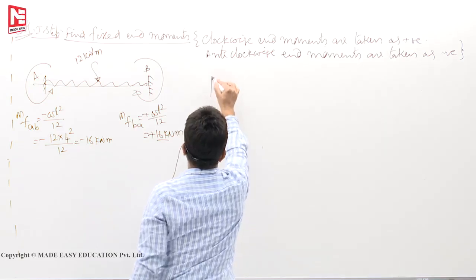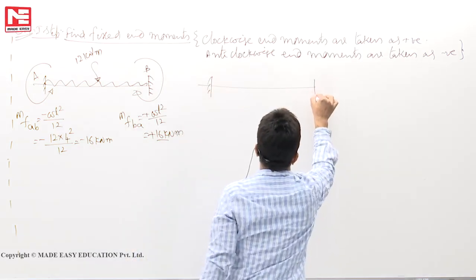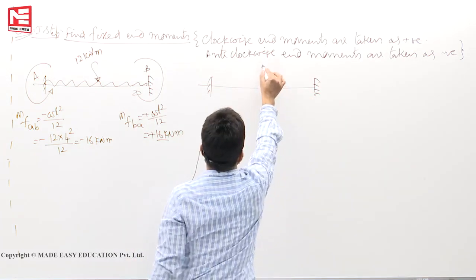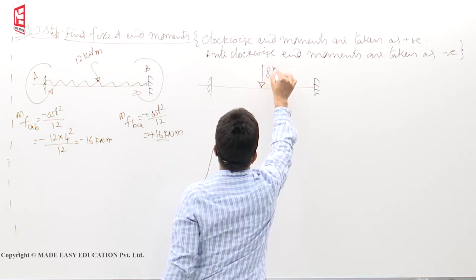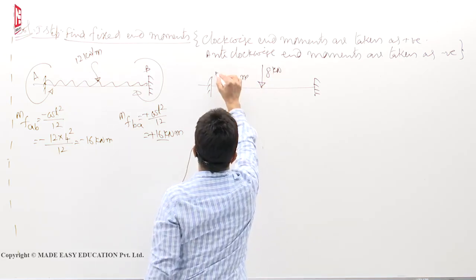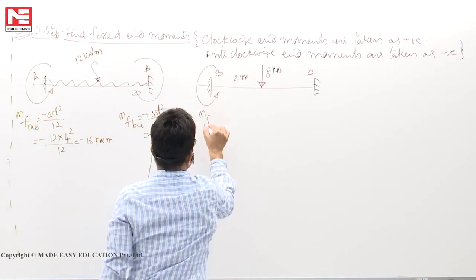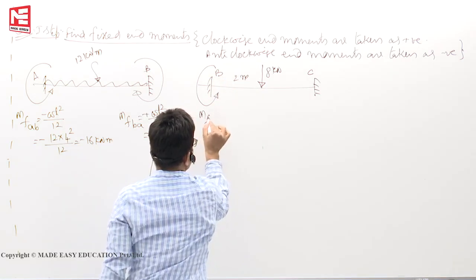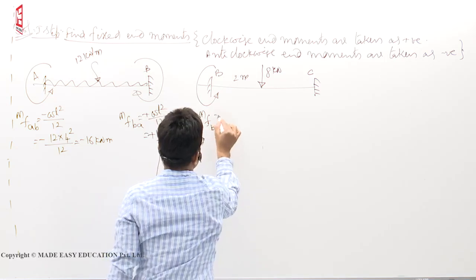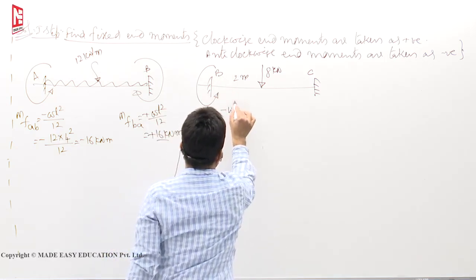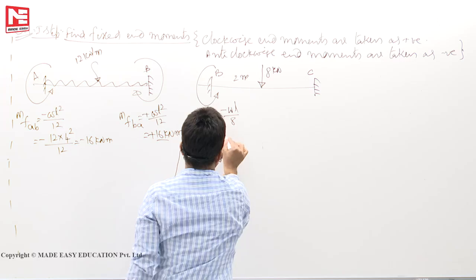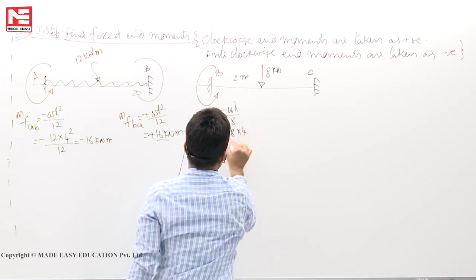Next, similarly the BC span, you will fix it. There is a central point load of 8 kilonewton, and BC is 2 meters. MFBC, fixed end moment at B for the span BC, is anti-clockwise, so minus WL by 8.